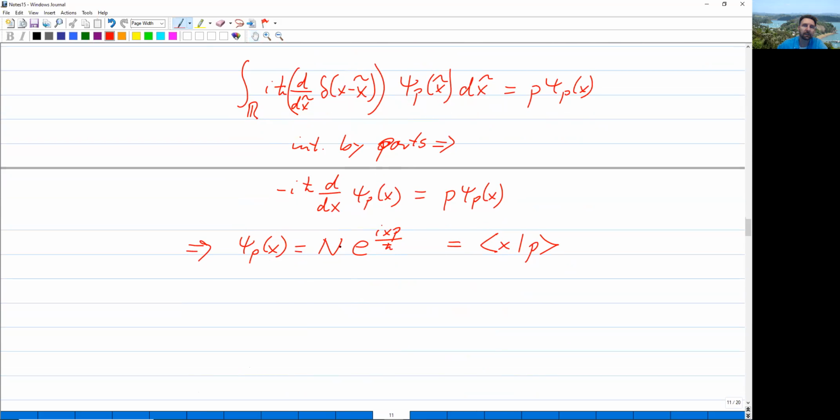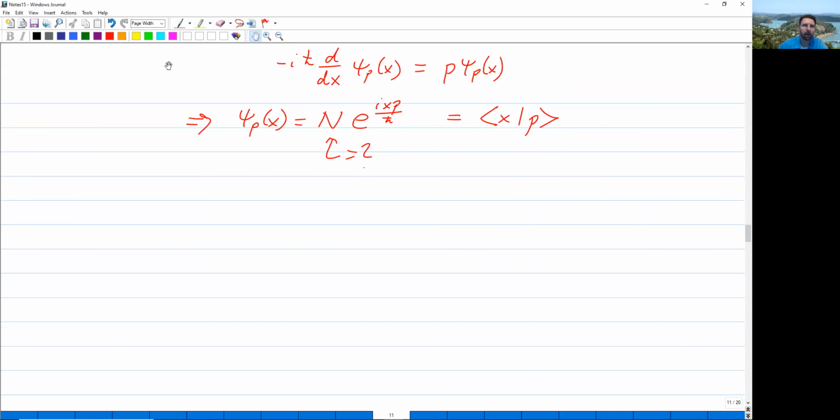Now, we also need to calculate this normalization. What is it? Well, I need more space. Well, we have to normalize our state, right?